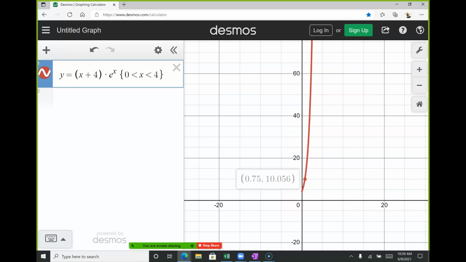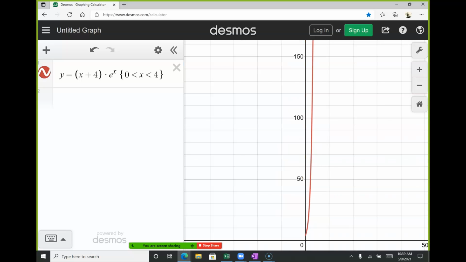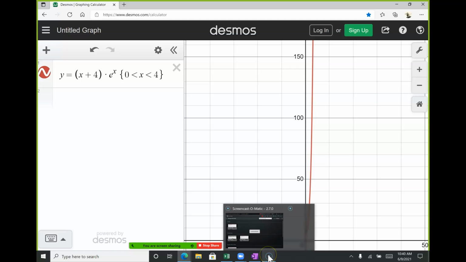So when I look at this function, I see it's increasing. It should be obvious that it's increasing. So I know I'm going to get my max at 4, right? When I look at this fourth derivative, I see at 4 is where I'm going to get my maximum value.